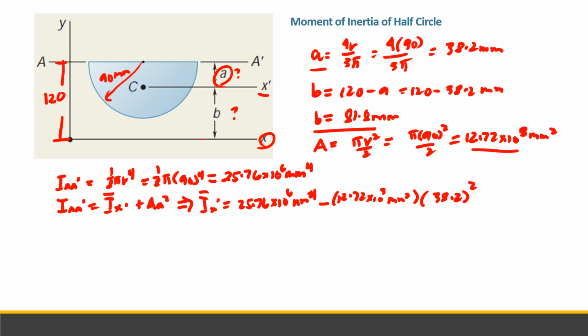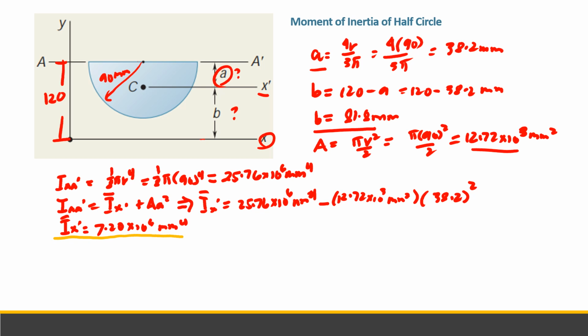So this is mm squared, so it becomes mm to the power of 4 for all. So we can solve that the centroidal moment of inertia of a semicircle is equal to 7.20 times 10 to the power of 6 mm to the power of 4. So this is the centroidal moment of inertia.